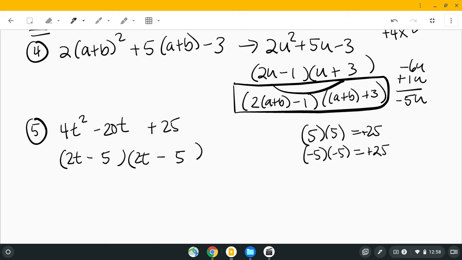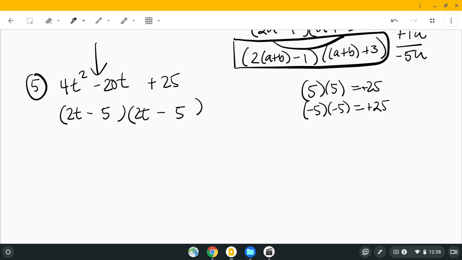The reason why I went with negative negative is here: if they were both positive 5, then there's no way you're going to get a negative 20t for the middle term. All right, and then when you check this, we see here that we do get 4t squared, and here we do get positive 25. And then if I check my middle term, there I get negative 10t. Here I get negative 10t, and that gives me negative 20t, which is what I want.